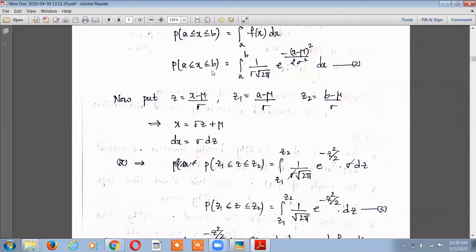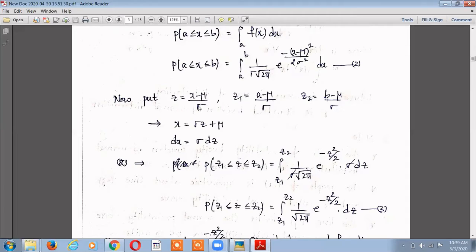So equation 2 gives p of x between a and b. We have converted x to the variable z, so it becomes p of z between z1 and z2. P of z between z1 and z2 is equal to the integral, where for the normal variate a the corresponding standard normal variate is z1, so I take it from z1 to z2, 1 by sigma root 2 pi as it is, into e to the power of minus 1 by 2 as it is, into ((x minus mu) divided by sigma) whole square.